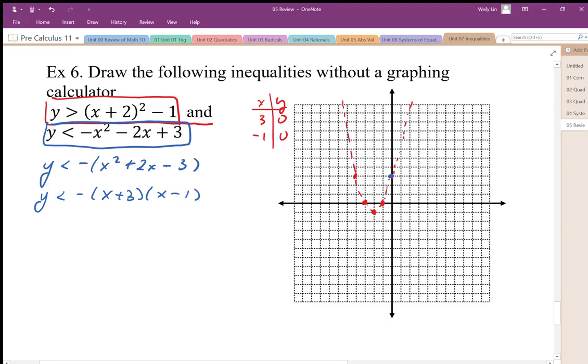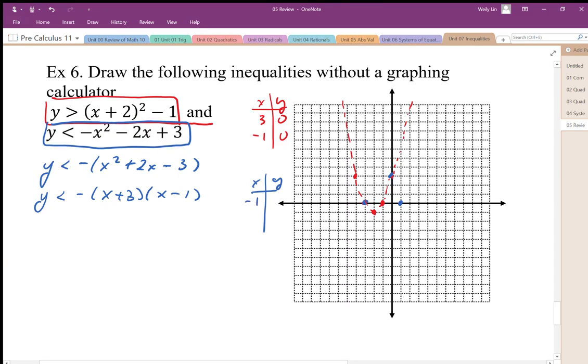So I factored it like this. I have a 0 at -3, a 0 at +1, and I have a y-intercept here. My vertex is going to be halfway between -3 and +1, so it's going to be at -1.